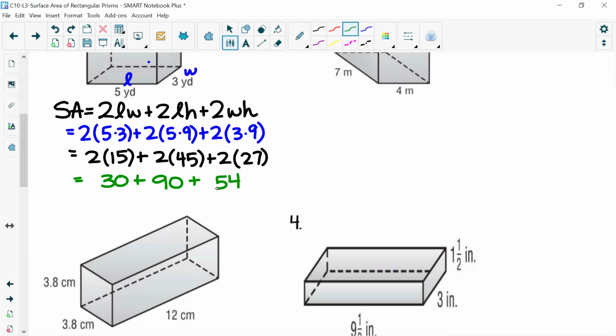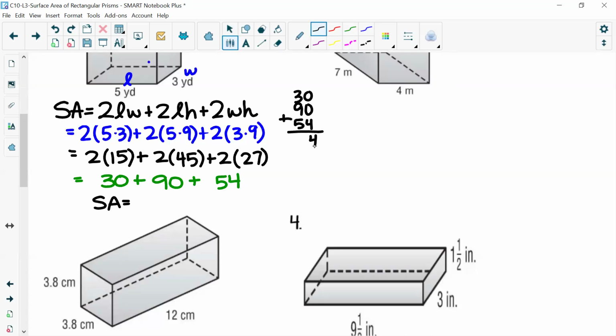And now we're just going to get an answer. So surface area equals, let's go 90, 30, and 54.